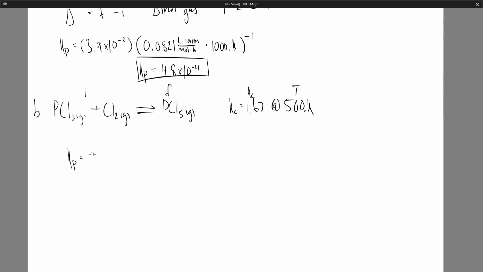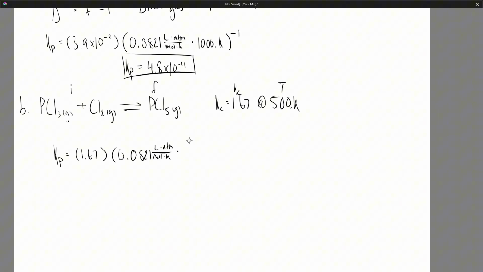So Kp is our Kc, 1.67, times R, same R, liters times atmospheres over moles times Kelvin. I'm pretty sure the atmospheres here is switched with the liters, but I don't think it matters. That's just how I'm used to writing it for some reason.